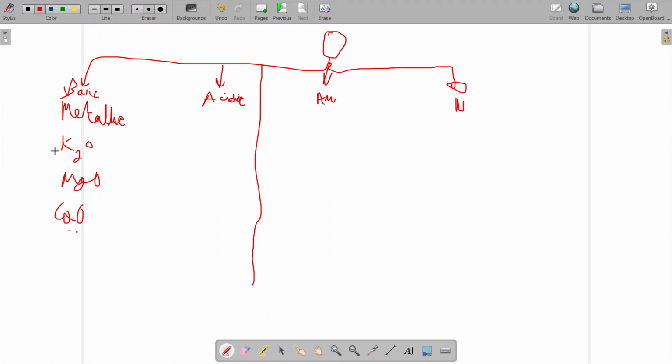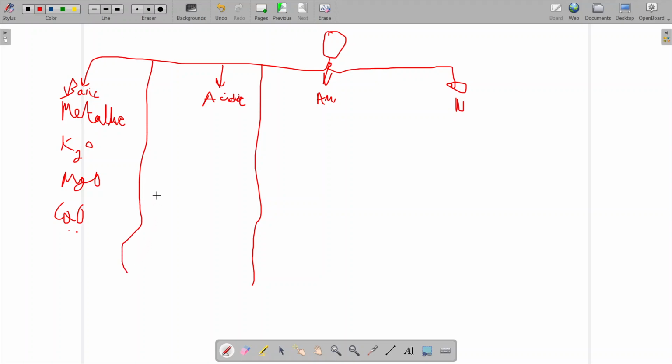Basically, these are basic. Now, most oxides that are metallic are basic, except for the exceptions, which are in the amphoteric, which I'll discuss later. Okay, so I'll go back to it later.